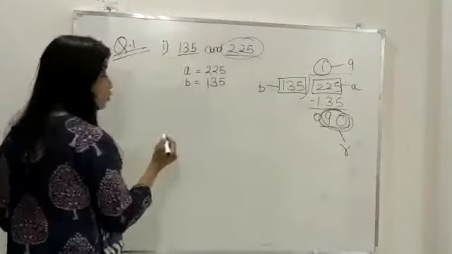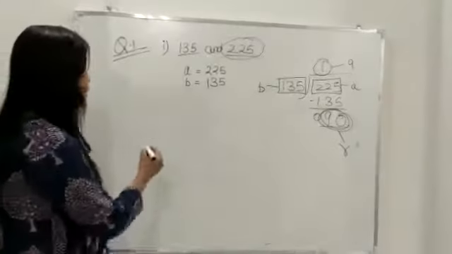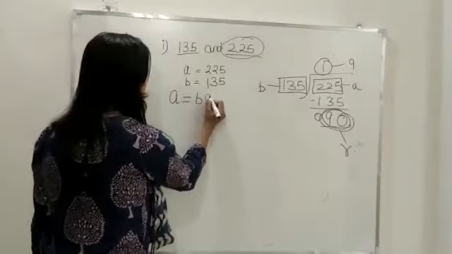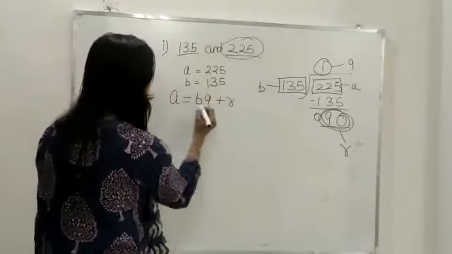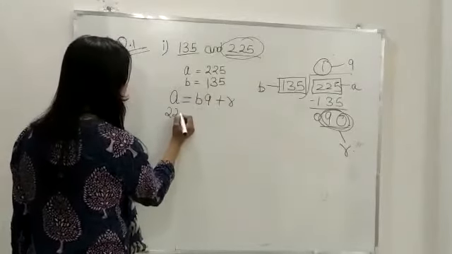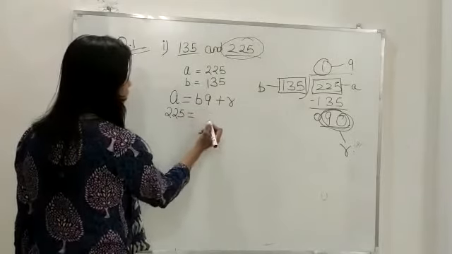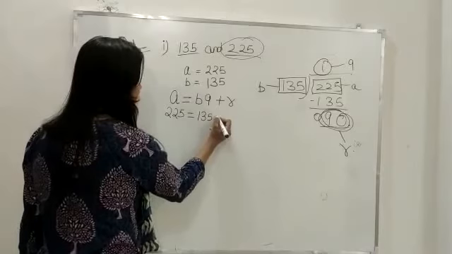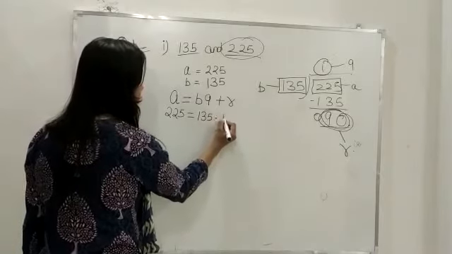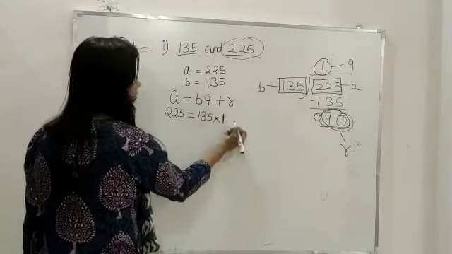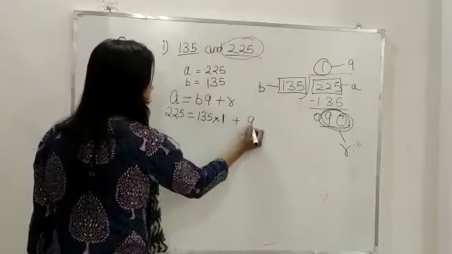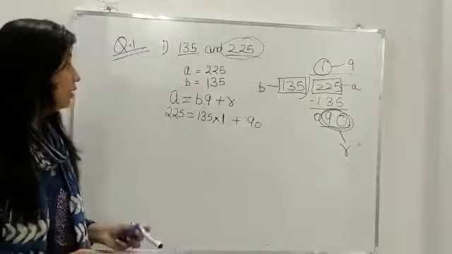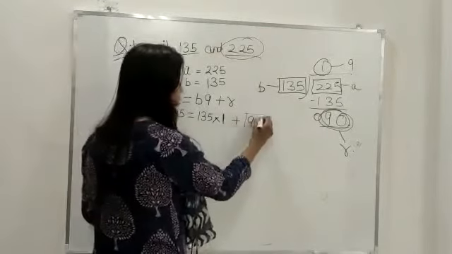According to Euclid's division algorithm, A is equal to BQ plus R. So my A, 225, is equal to my B, 135, multiplied by my Q, 1, plus remainder 90. As you can see here, the remainder is not 0.